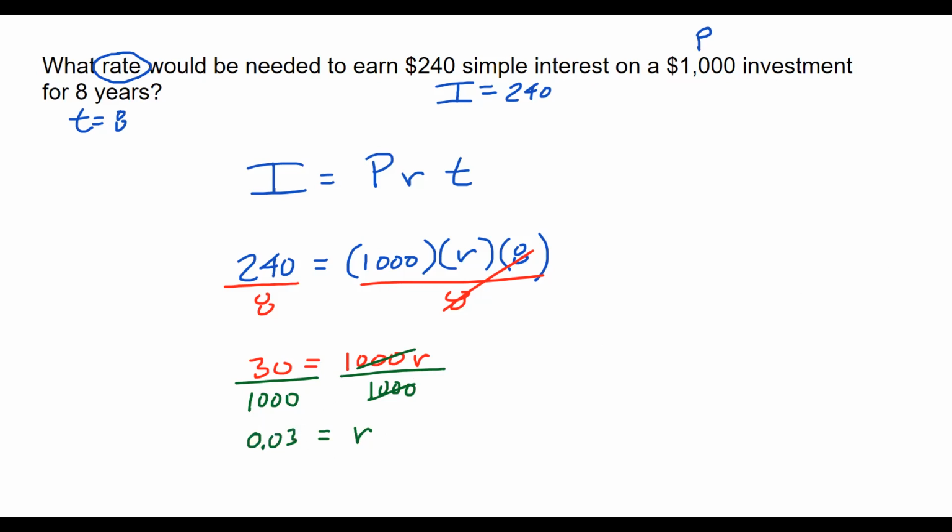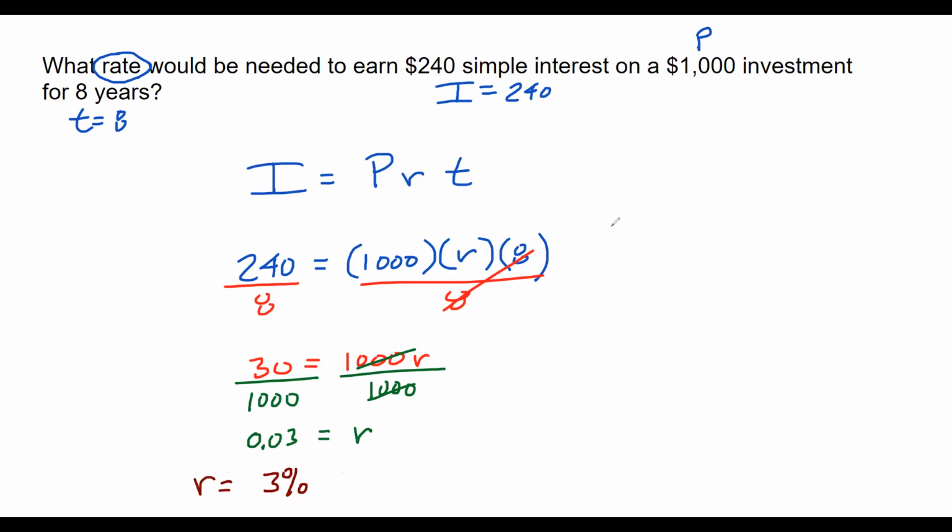The last step in a problem like this is that we probably want to convert this decimal rate to a percent. So we would multiply that by 100. 0.03 is 3%. Our rate is 3%. So that would be the answer to that question.